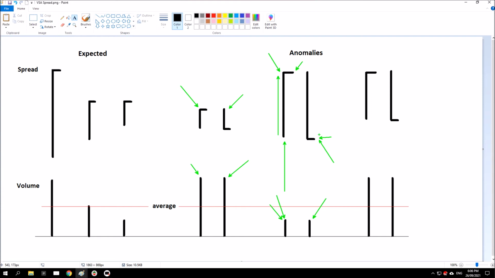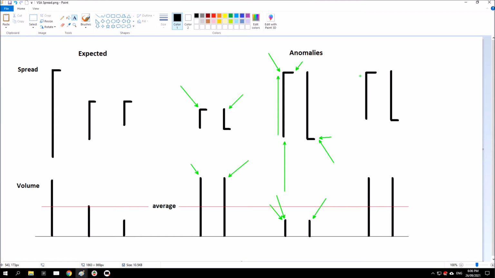This is a fairly common thing to see, especially in less than liquid markets, where for a period of time or for whatever reason there's an imbalance in the market and price moves with wider spreads than expected, considering the volume or the effort or the force behind the volume in the market.